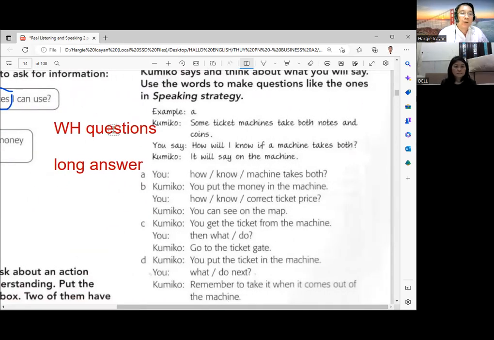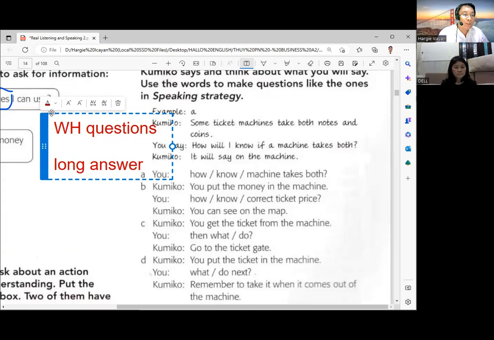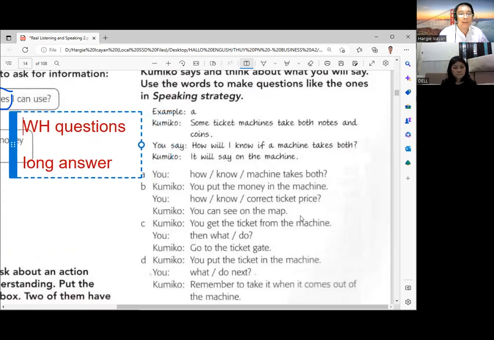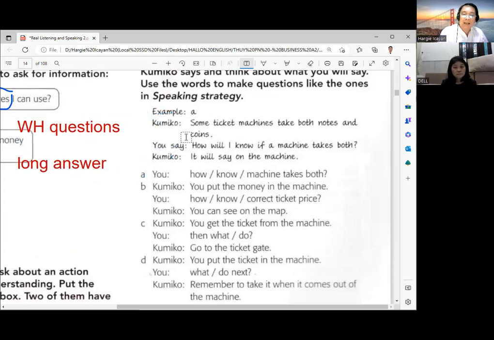Okay. So, Komiko, wait for a while, Toy.